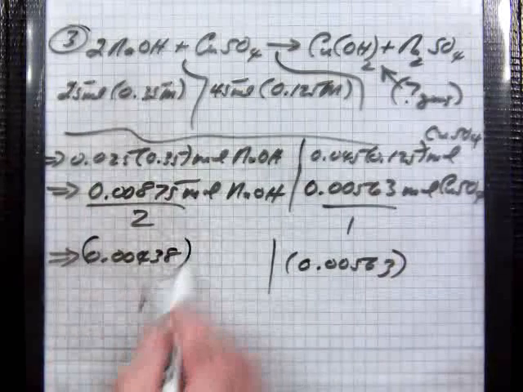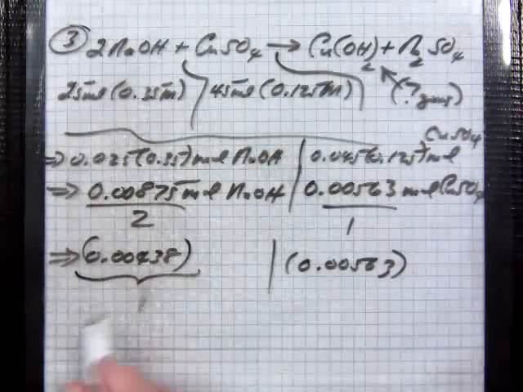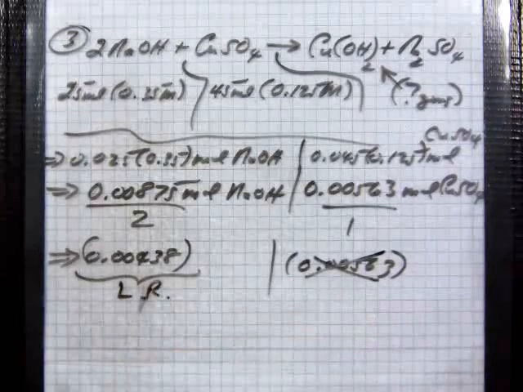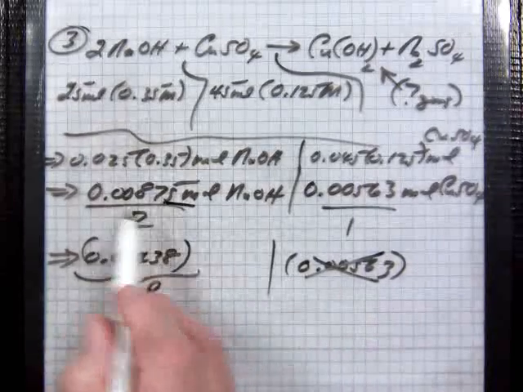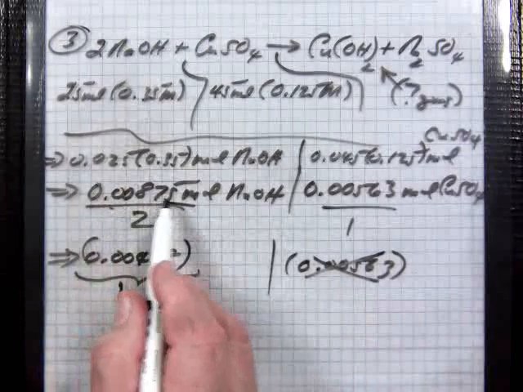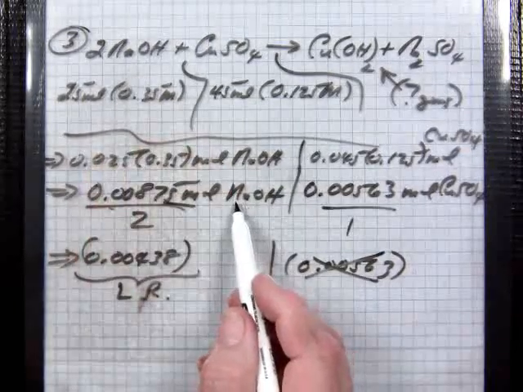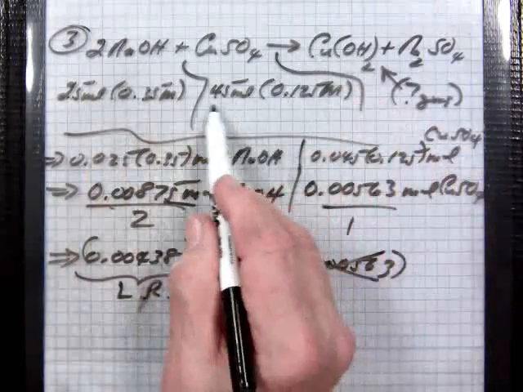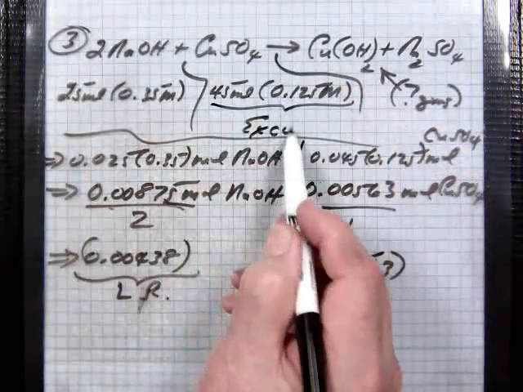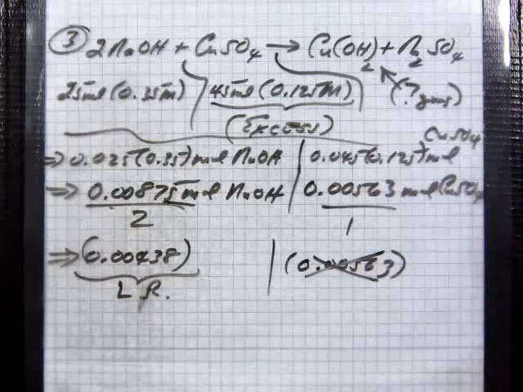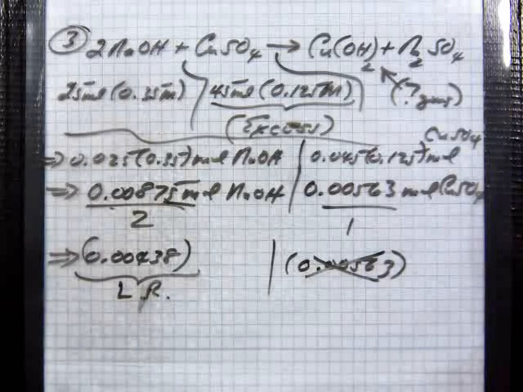Okay, of course, this is the smaller of the two numbers, so this is the limiting reagent right here. And again, we have to go back to 0.00875 moles of the sodium hydroxide to work the problem, because we're looking for this one. This one's going to be in excess because it's not the limiting reagent. Limiting reagent goes away first. It's the compound which, when consumed, the reaction stops. So everything else is left in excess.